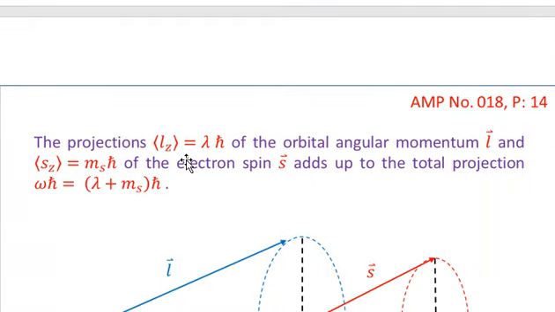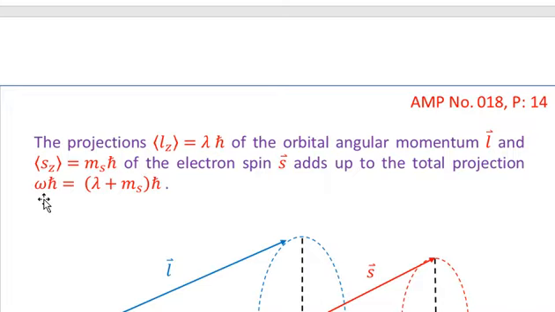The projection of the average value of Lz, which is lambda times h bar, of the orbital angular momentum L, and the average value of Sz, which is ms times h bar, of the electron spin s, add together to give you the total projection omega, where omega h bar is equal to lambda plus ms times h bar.